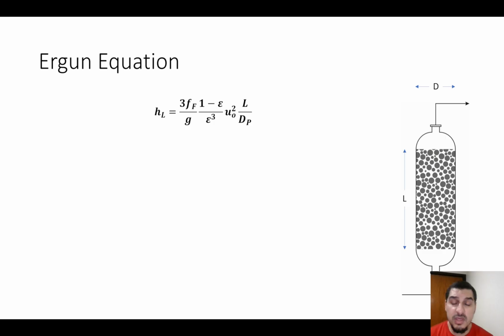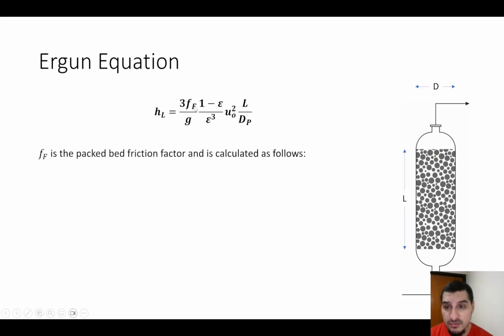The last term that we haven't discussed is the friction factor, FF, the friction factor in a packed bed, and it is calculated as follows. It has a part here that is used for laminar flow, and this is the turbulent part. It's easy to understand this.